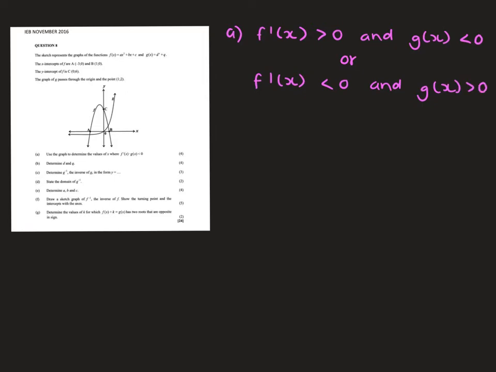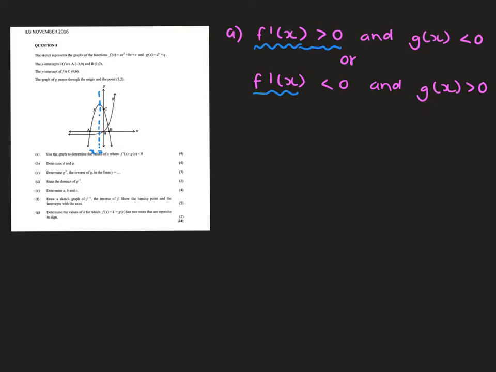So when I'm talking about the gradient, when I'm saying f'(x), let's look at where f'(x) is positive. This coordinate here, the turning point, your stationary point, is where the axis of symmetry for your parabola is, x equals something. So we need to determine what that axis of symmetry is.